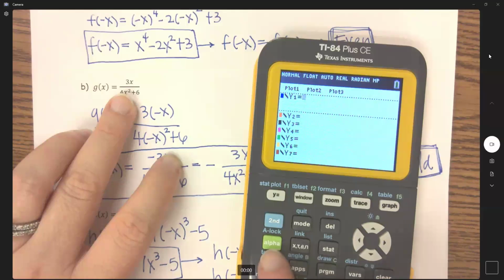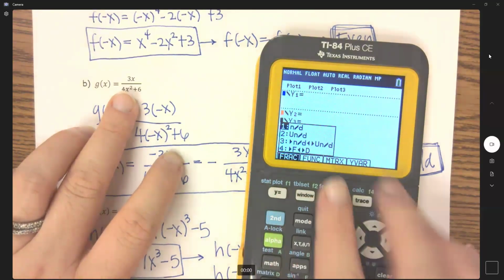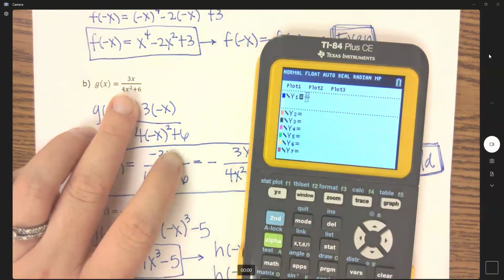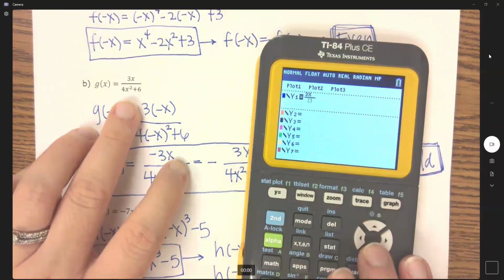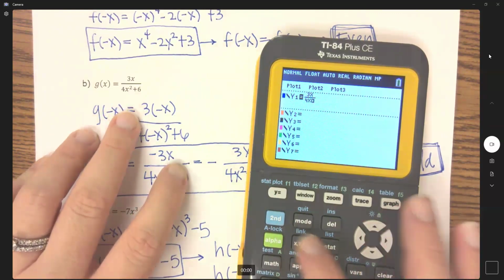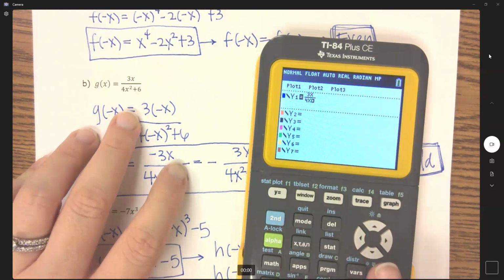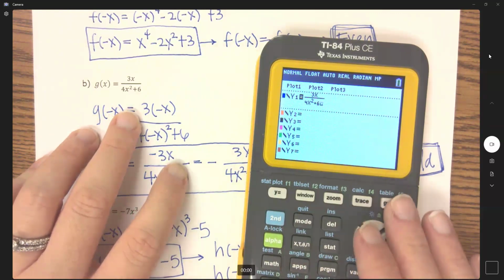I'm going to use alpha y equals to give me a fraction. I've got 3x over 4x squared plus 6.